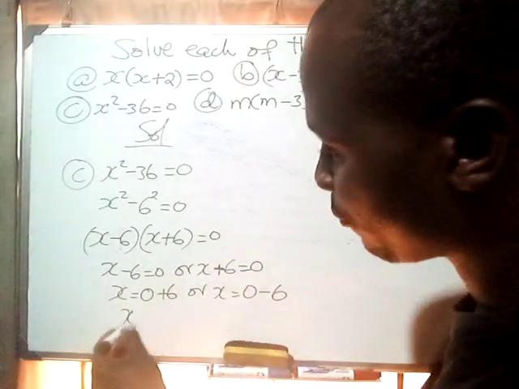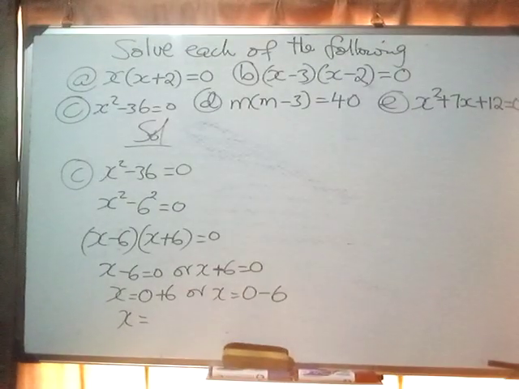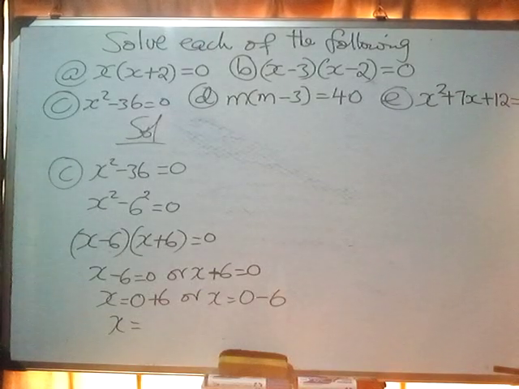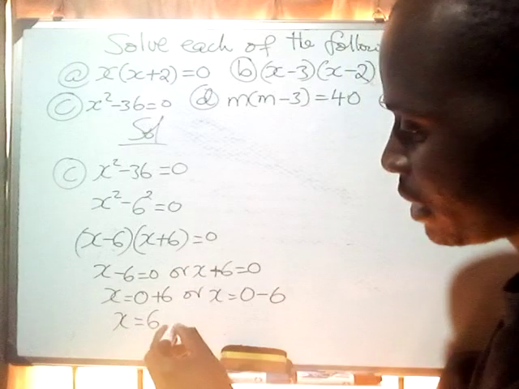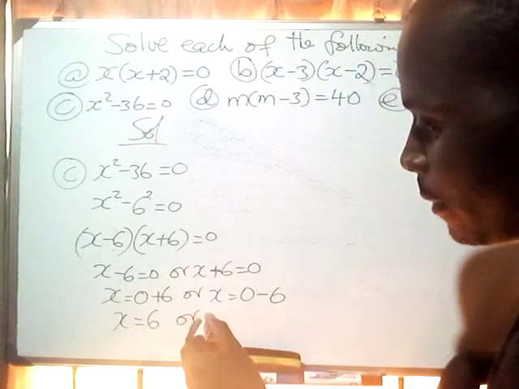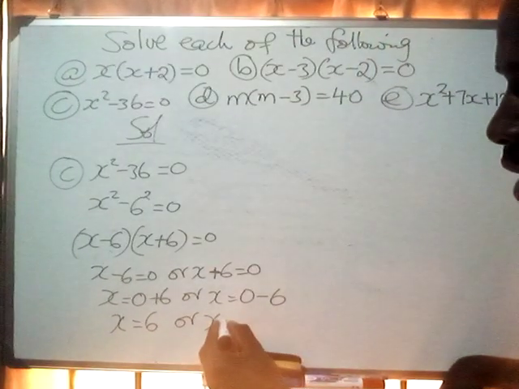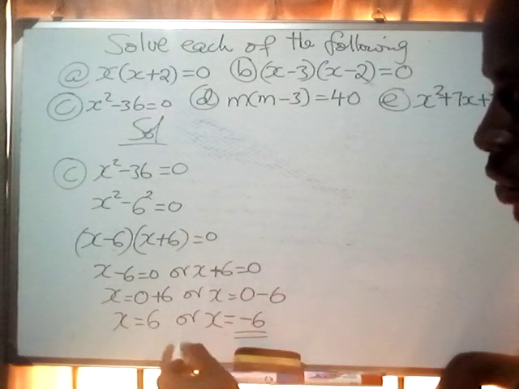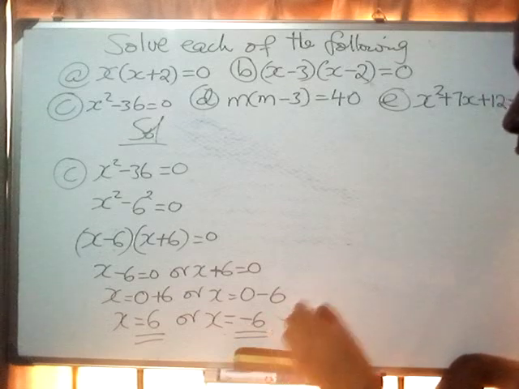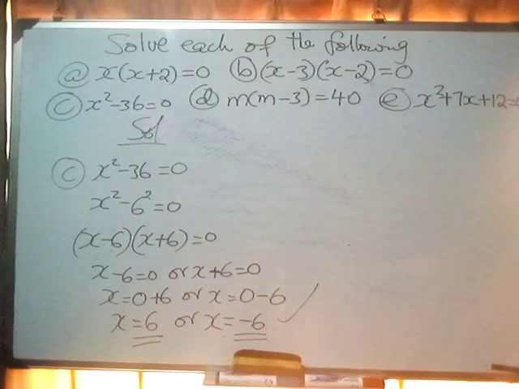Therefore our values of x are 0 plus 6, which is 6, or x is equal to 0 minus 6, the answer is negative 6. These are the answers we are getting.